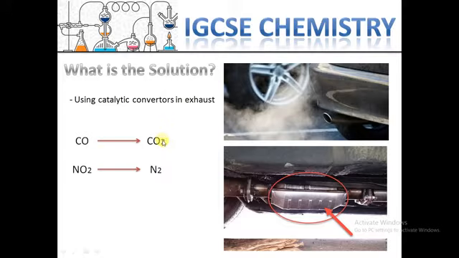This is also harmful, but still better than carbon monoxide. And also nitrogen dioxide, which causes photochemical smog and other side effects, can be converted to nitrogen gas, which is still better than nitrogen dioxide.